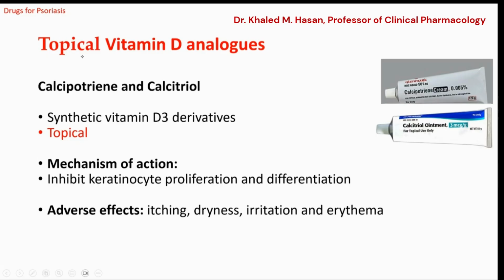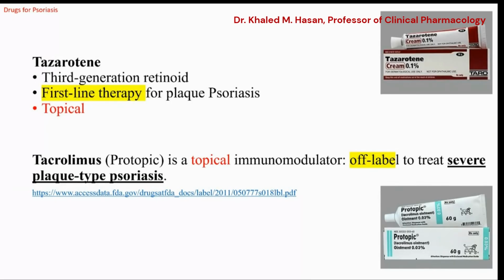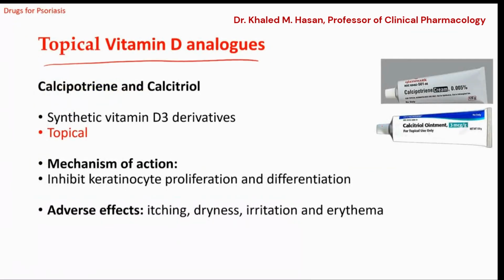We have topical vitamin D analogs, starting with Ca: calcipotriene, calcitriol, and you can see the pharmaceutical names and pictures here. This is considered a synthetic vitamin D3 derivative, a topical treatment. How does this medication work?